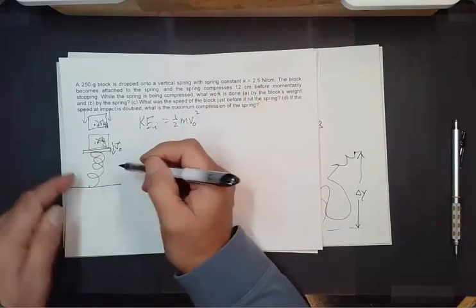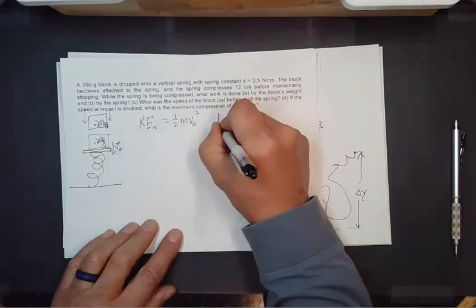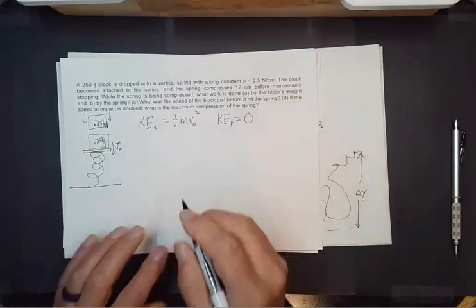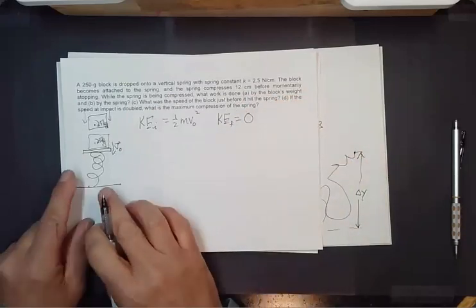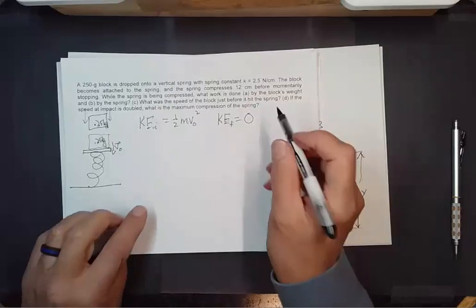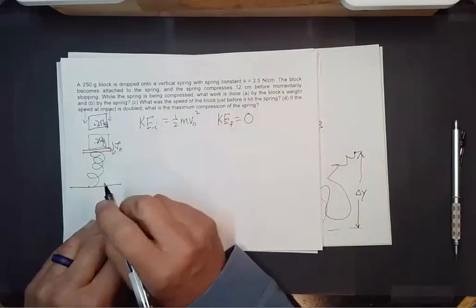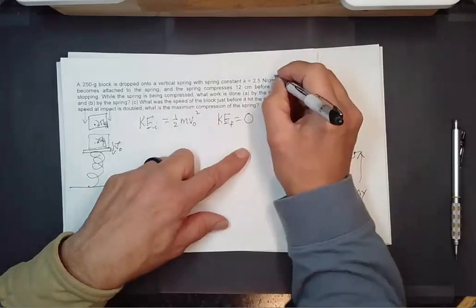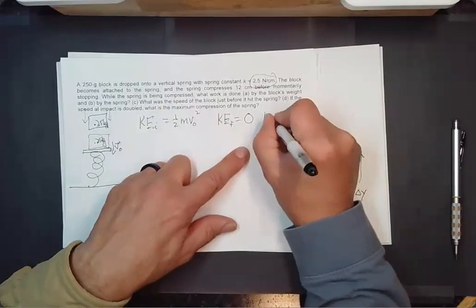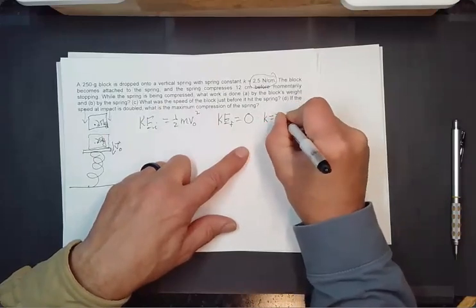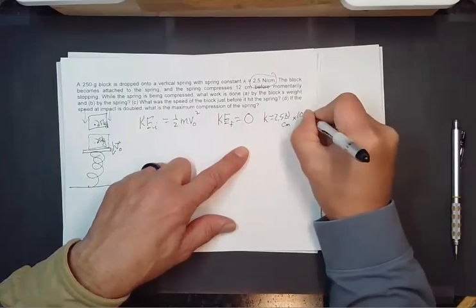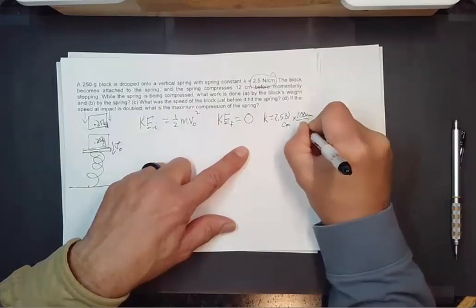It compresses this thing by some amount, and the KE final is going to be 0 because it comes to rest after compressing that thing by 12 centimeters. Well, let's figure out how much work is done by the block's weight during that time and by the spring. And I'm going to take that spring constant, K, and change it from newtons per centimeter to newtons per meter.